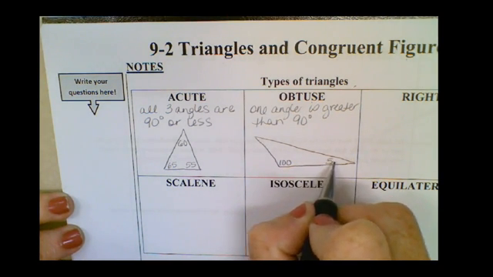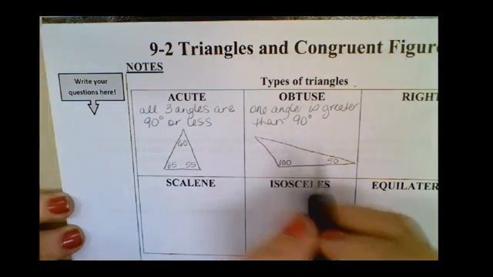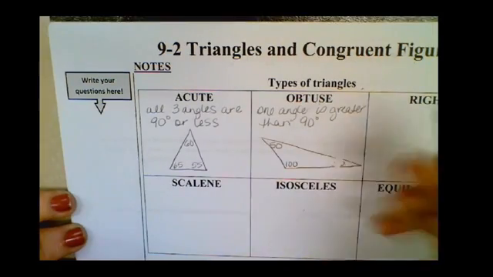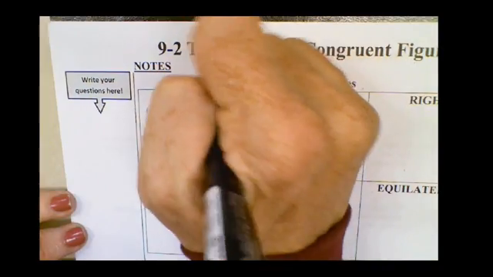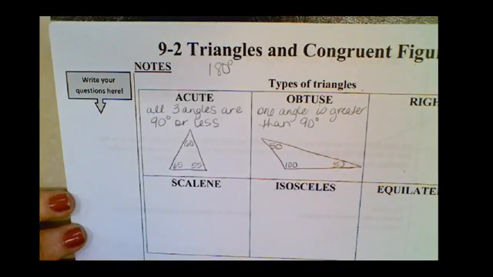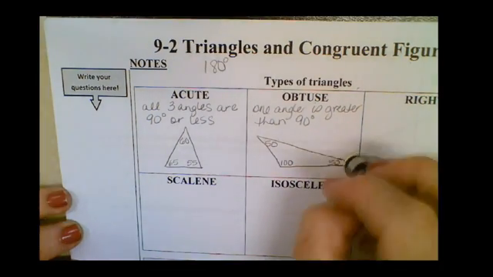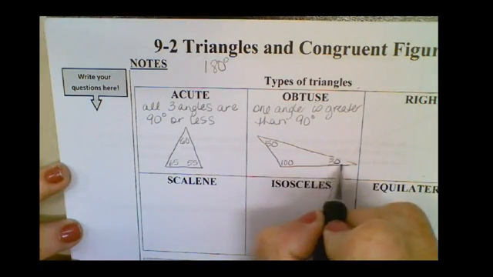This would be 50, and this would be, actually let's flip that around. This would be 50, and this would be 30. Okay. Triangles always add up to 180 degrees. We know that. Let's clarify that. 30 degrees.